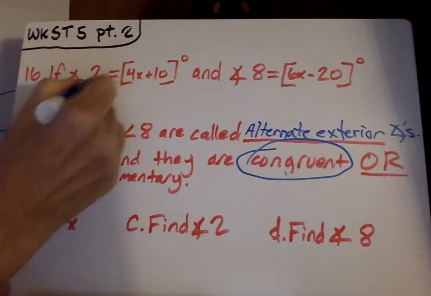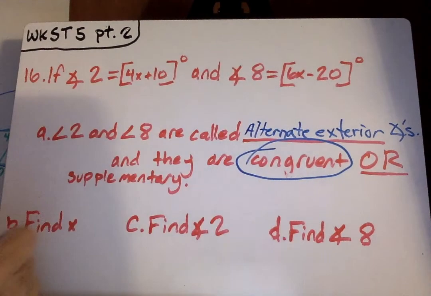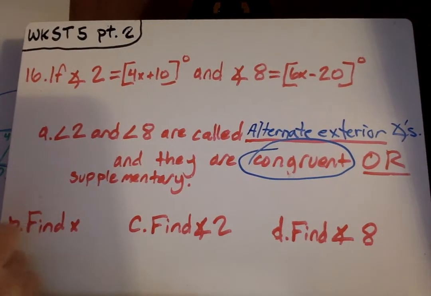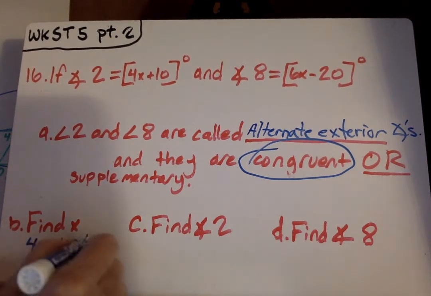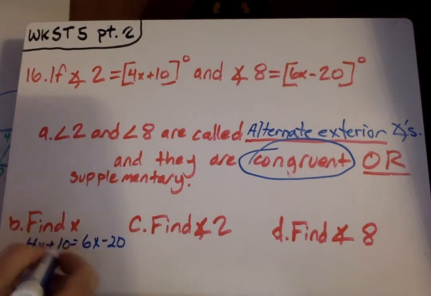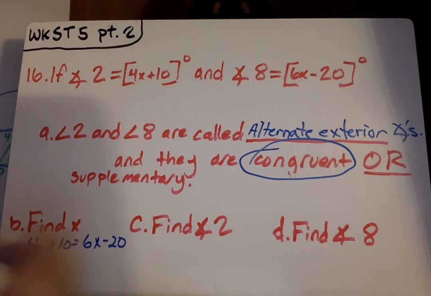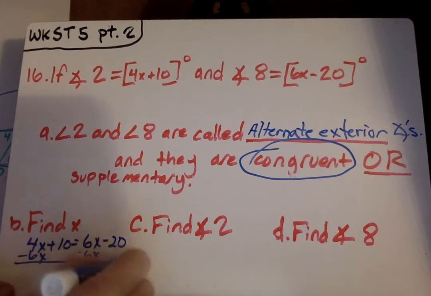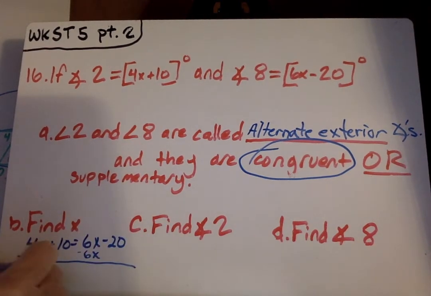Find x. So if they're congruent, I just set them equal to each other. So we say that 4x plus 10 equals 6x minus 20. Okay, now I'm going to go minus 6x here, minus 6x here. So then we get negative 2x plus 10.